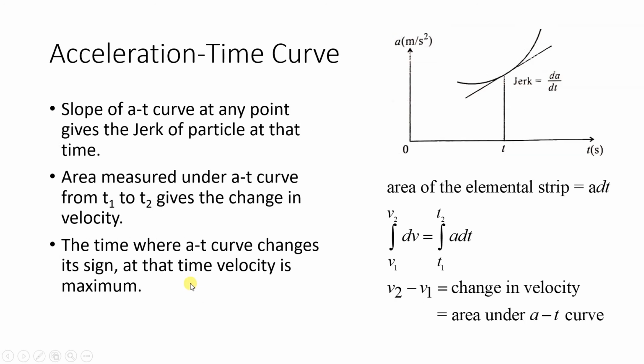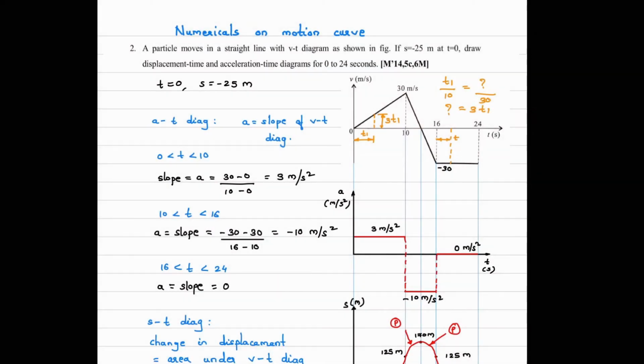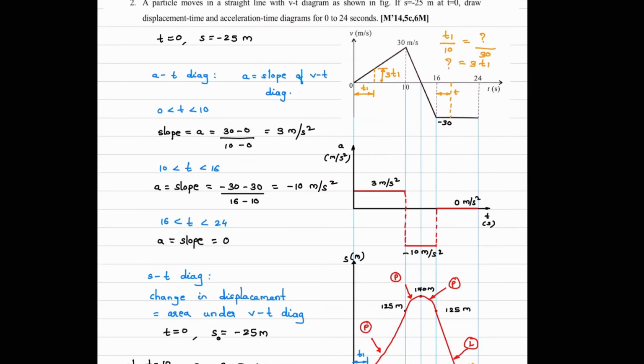Next, when the AT diagram changes its sign, at that time velocity is maximum. So this point we will see now. These are the points which we had seen in the theory lecture: when the VT diagram is given and it changes its sign, at that time displacement is maximum.